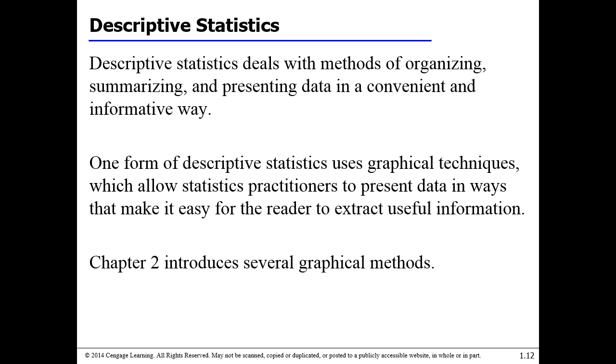Under descriptive statistics, there are really three kinds of methods. There is what's called graphical, which is describing data as a graph: bar charts, pie charts, line charts, scatter diagrams, histograms, bubble charts, all those things. Those are graphical descriptive statistics. The other type is numerical.